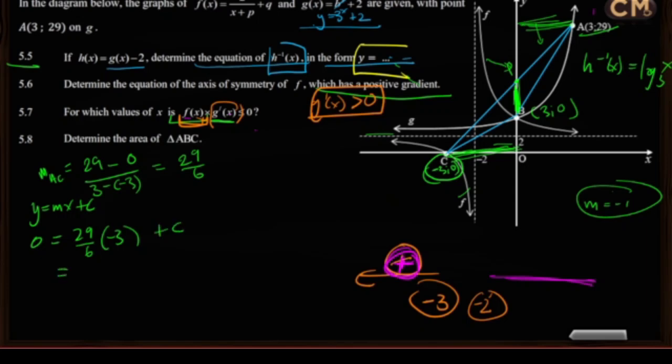From that, our c value, or our y-intercept, is going to equal 29/2. Therefore that equation, if we're interested, is y = 29/6 x + 29/2.